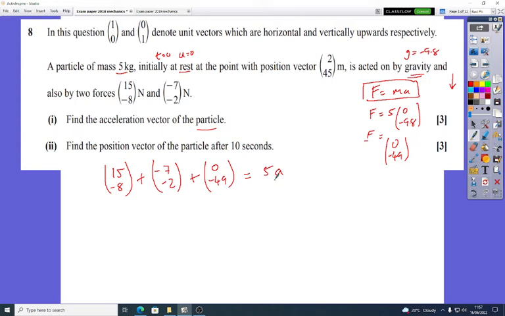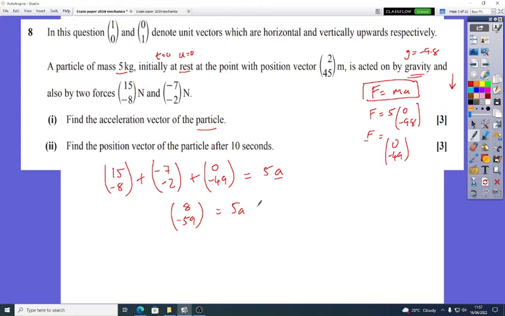We need to find the acceleration vector. So if we add all these together, you'll get 8, that plus that, minus 10, minus 59, equals 5a. I'm just double checking this. Yeah, that's okay.